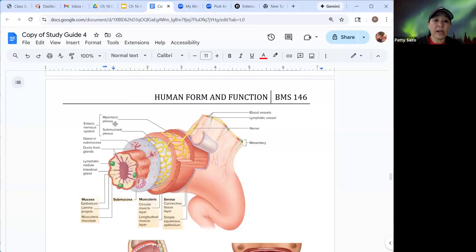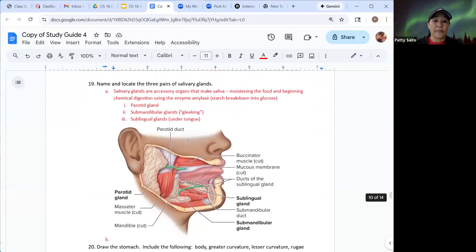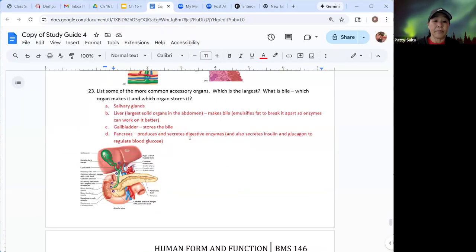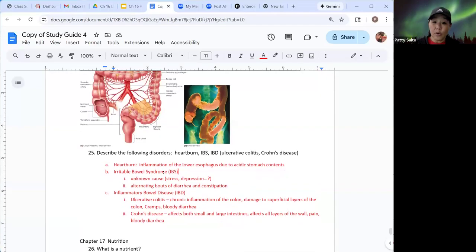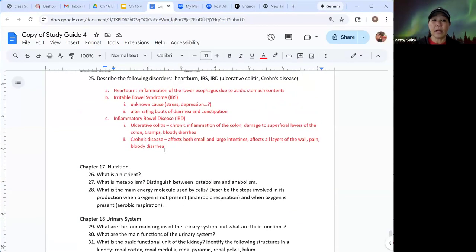Okay, and the myenteric plexus, the submucosal plexus, there are all these nerves that are associated with the layers. And they call it the enteric nervous system. That is, the brain-gut connection is kind of involving these nerves that connect it to the brain. So let's go back here. So you can have problems that may be considered a nervous system thing, but that can affect the bowel.